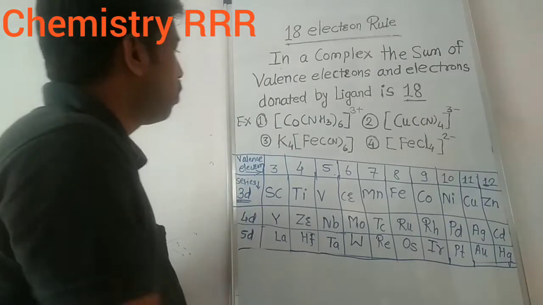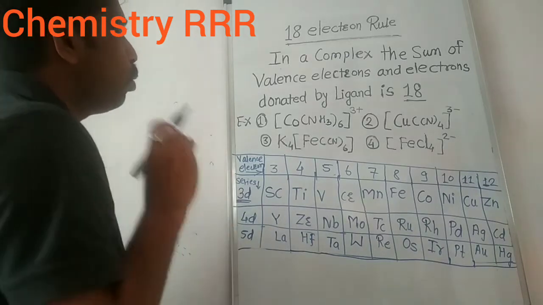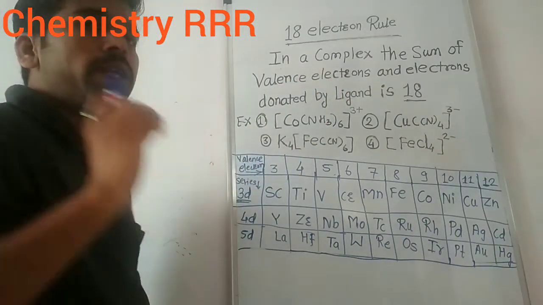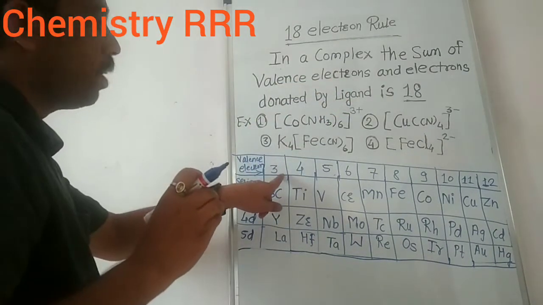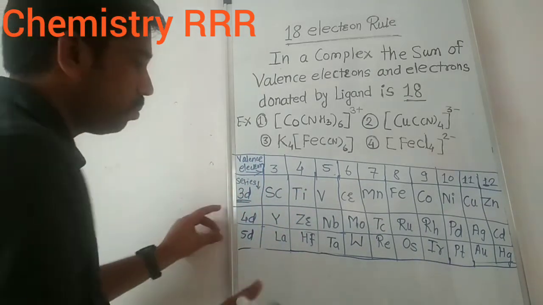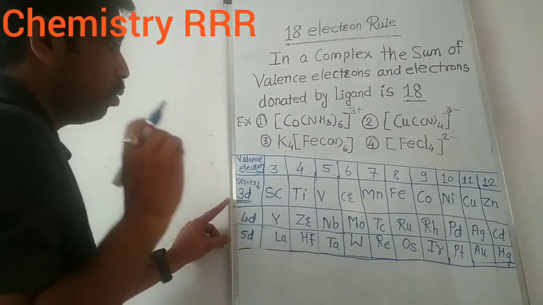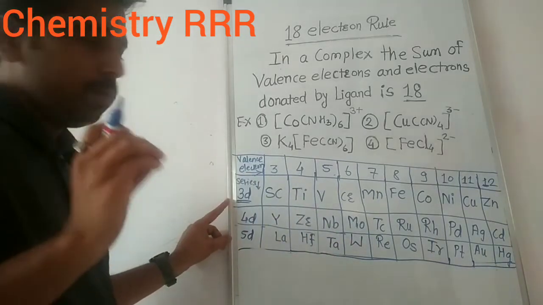Now, before solving this example, we first have to know about the valence electrons present in the central metal atom from the transition metals. These are all examples of the transition metals used in coordination chemistry.